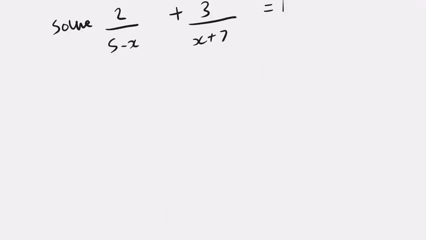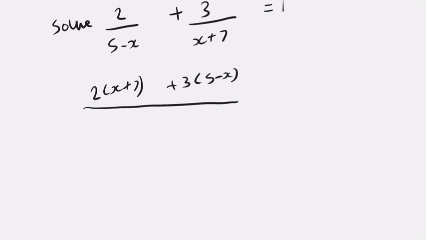So what we need to do in questions like these is try to get rid of the denominator. How can we do that? We can multiply the top and bottom of the left by x plus 7 and the top and bottom of the right by 5 minus x. This way we have a common denominator in both. So how would that look? 2 times x plus 7, plus 3 times 5 minus x, all divided by 5 minus x times x plus 7, equals 1.